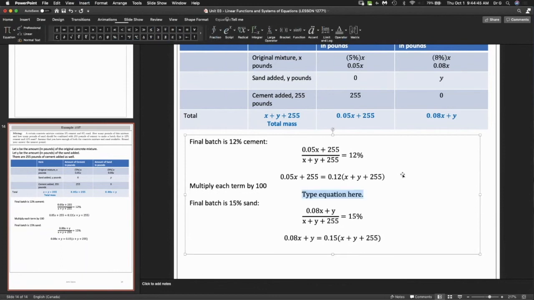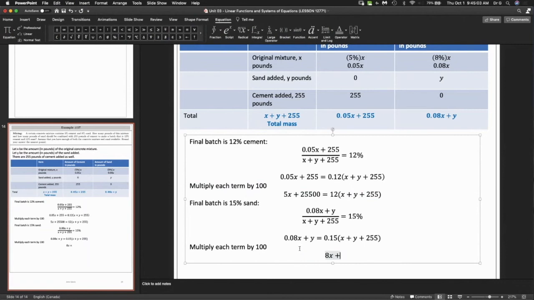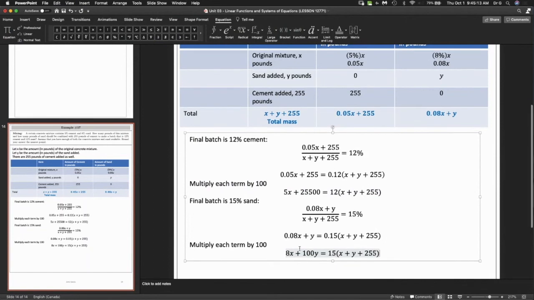So if we do that here, we get 5x plus 255 with two zeros equals 12. And over here, I could do the same thing. So that'd be 8x plus 100y equals 15x plus y plus 255.